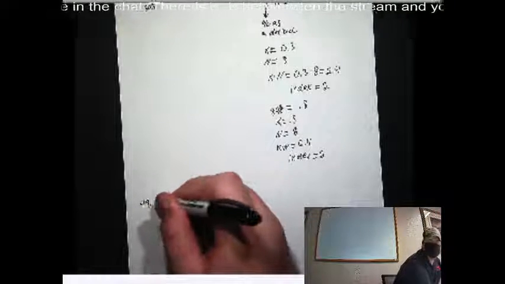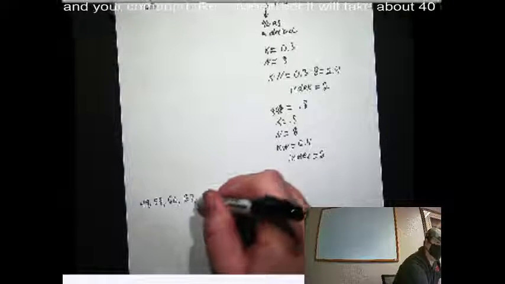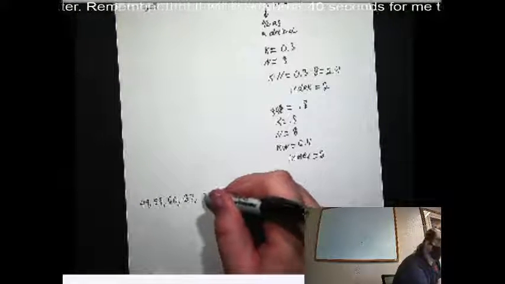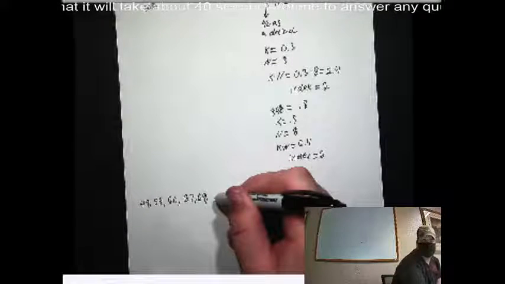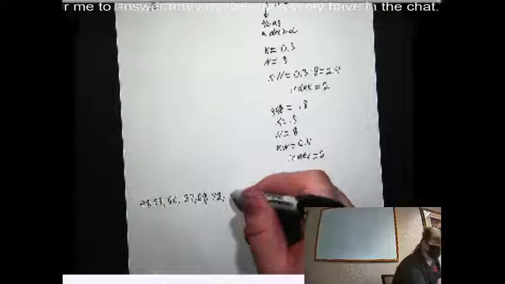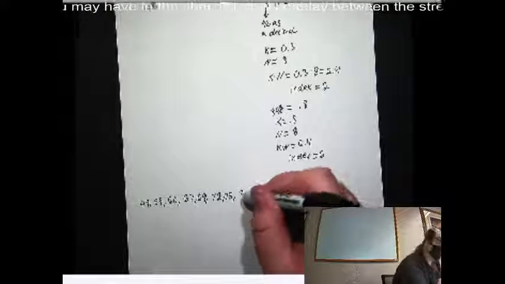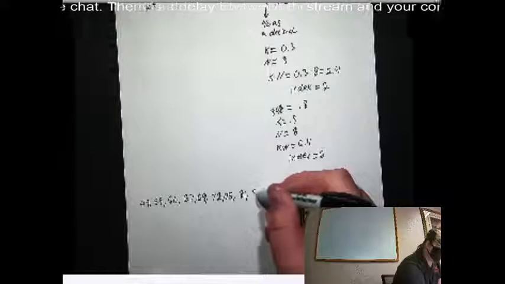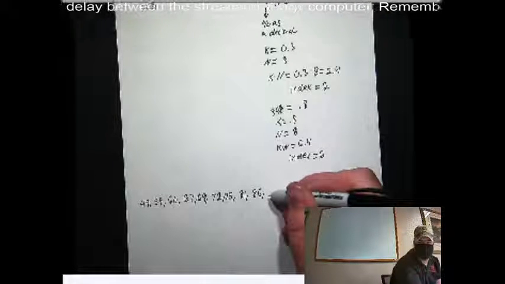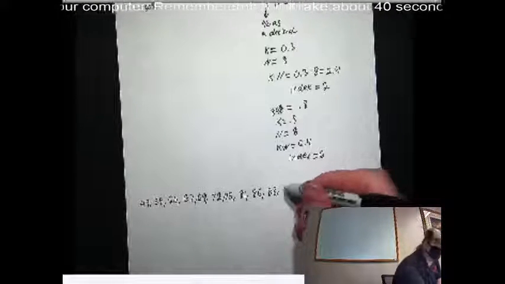Okay, so we've got 49, 59, 60, 67, 69, 72, 75, 81, 86, 88, and 93.